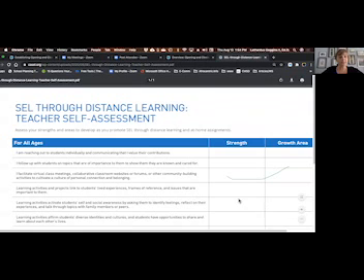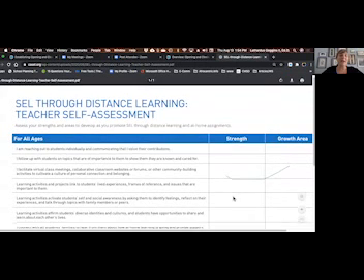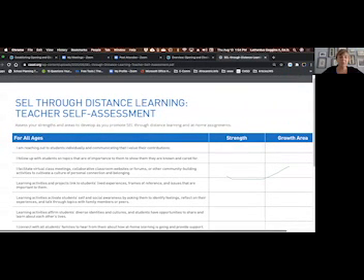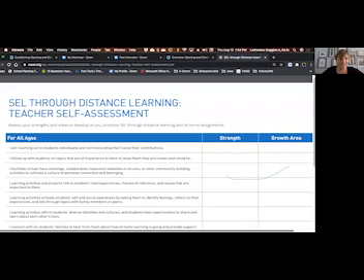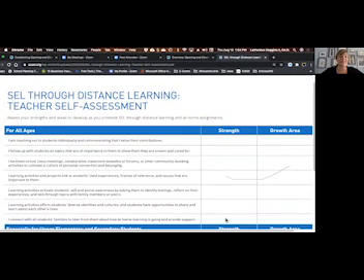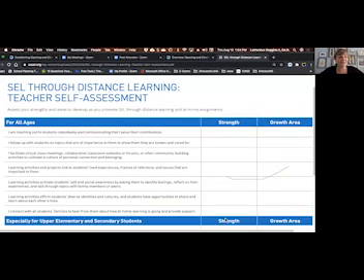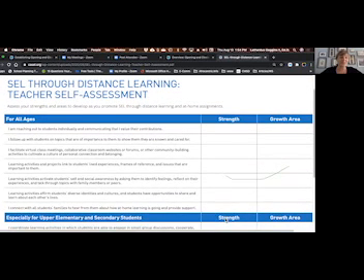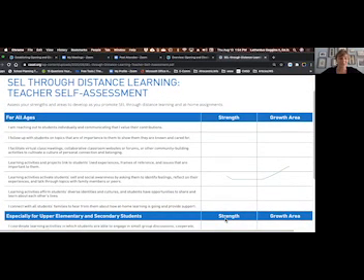So please look at this document, understanding that it is impossible for an educator to implement all of these strategies all of the time. So please try not to be overwhelmed by this document and think that if you're not doing everything, you're not doing a great job with your students. That's not true.